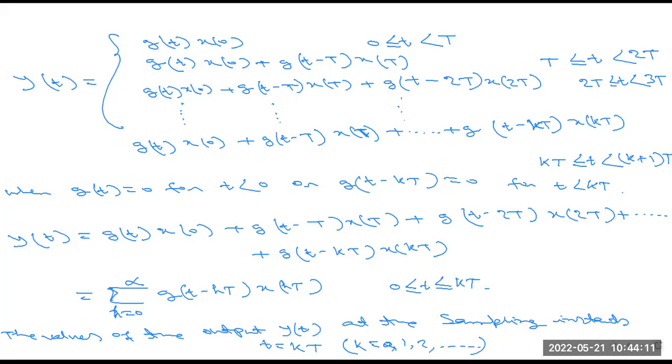Now we write these equations: y(kT) is equal to the summation of h from 0 to k, or infinity, these are the same thing, of g(kT - hT) into x(hT).